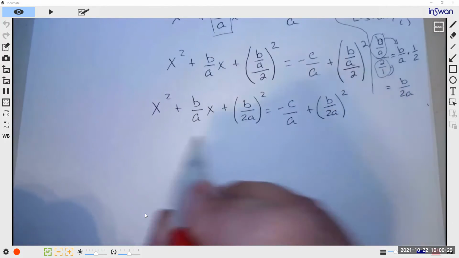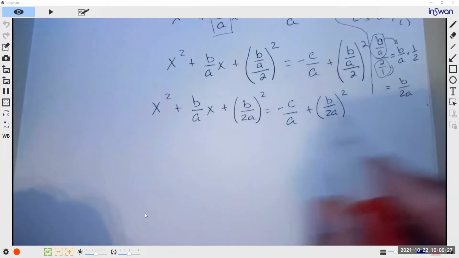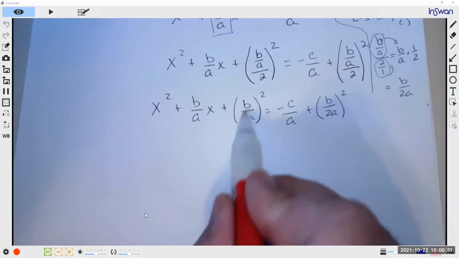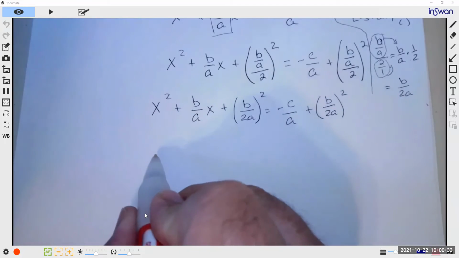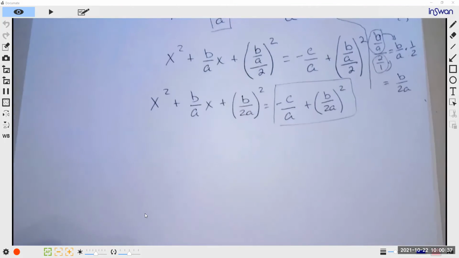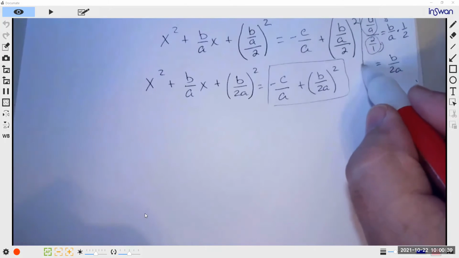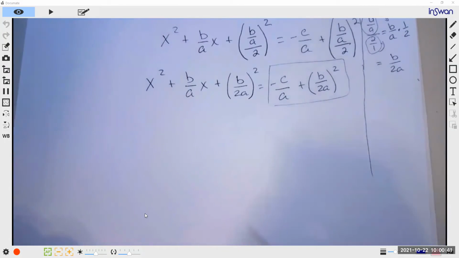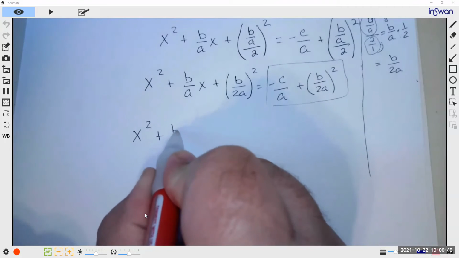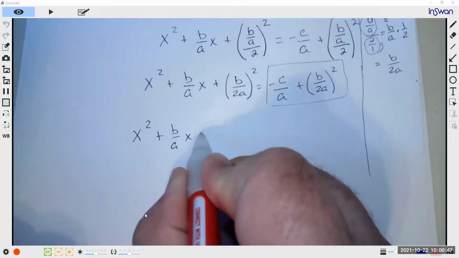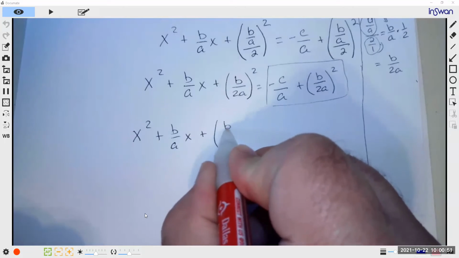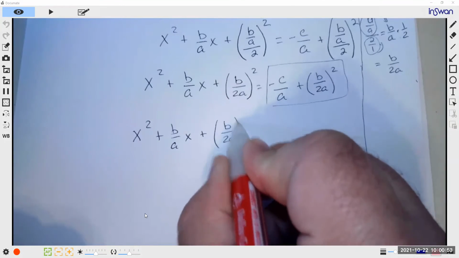All right. On the left side, we did the inside. Now the right-hand side, we have to simplify this equation. On the left side, we have x squared plus b over a x plus b over 2a squared.